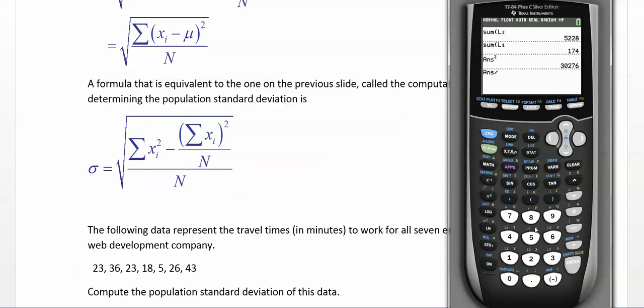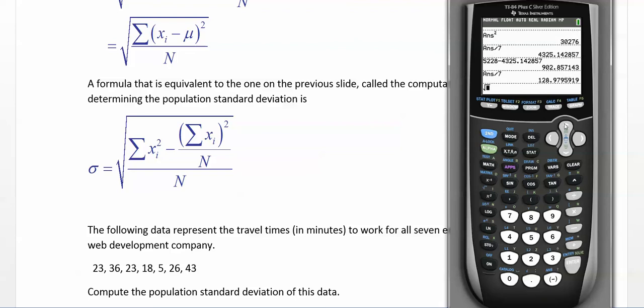And then divide that by the observations, which is 7. So I get that number. And now I want to take that first squared sum minus the new number I just found. So that 5280 minus the other number I just got. And then I want to take that and divide that by 7. And then I want to take the square root.